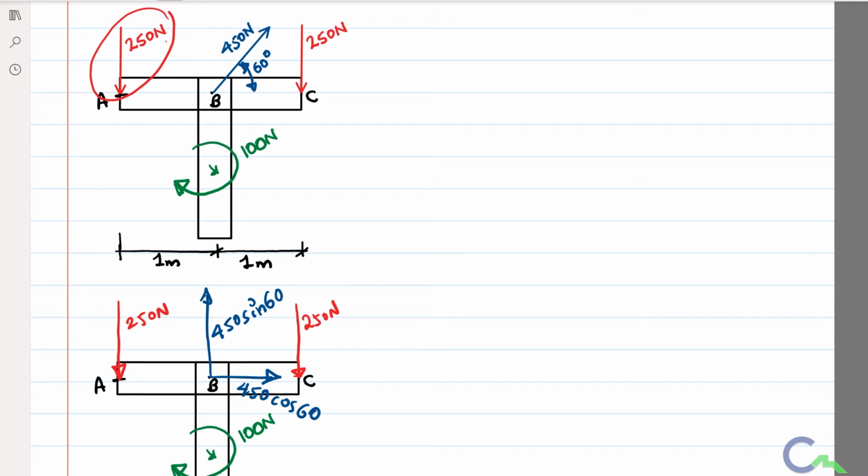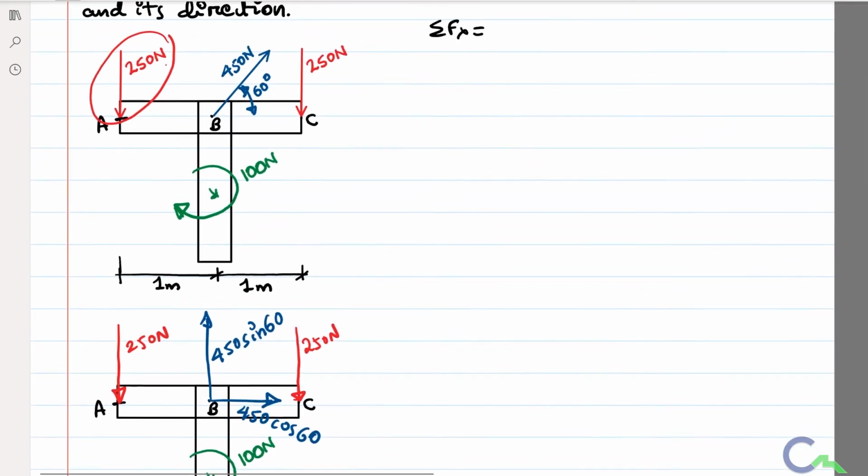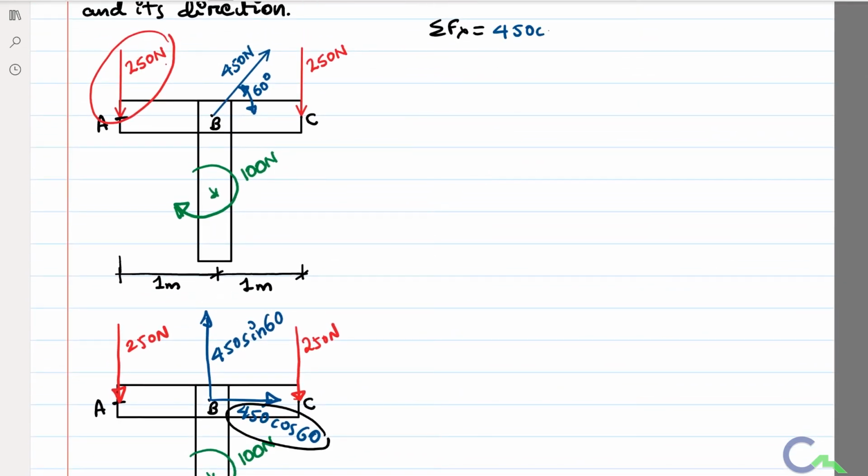Now I am going to do the summation of these forces. First I am going to take in horizontal direction, that is sigma Fx is equal to, here we have only one force, that is 450 cos 60, it is acting in positive direction, rightward, that is positive. So value is 225 Newton. Then I am going to do the summation along y axis, sigma Fy is equal to the first force, that is 250 acting downward, therefore minus 250.